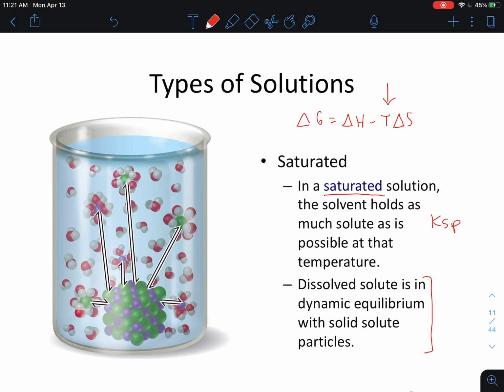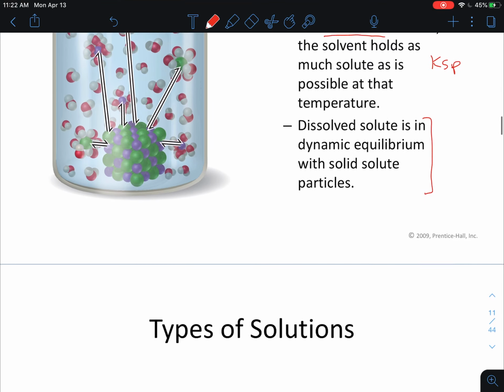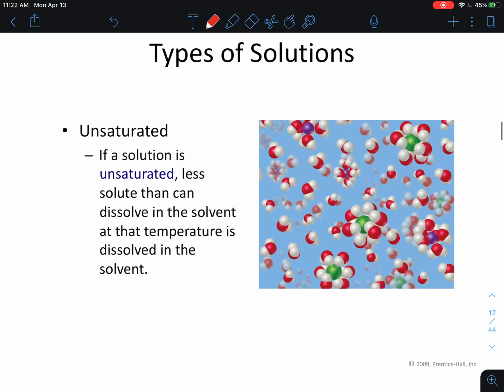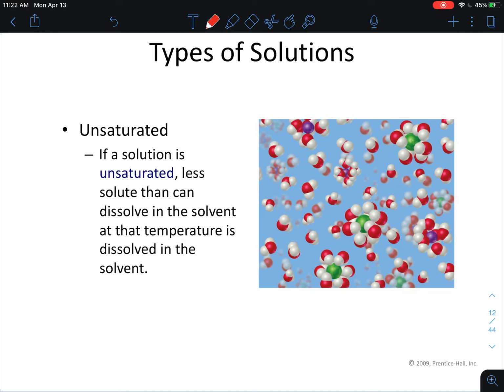But our observation is a saturated solution with the maximum possible amount of solute dissolved in the solvent. Well, if saturated means that the solution is maxed out, then unsaturated would mean that we haven't added the maximum amount of solute. We can still add more in order to get to a saturated solution.